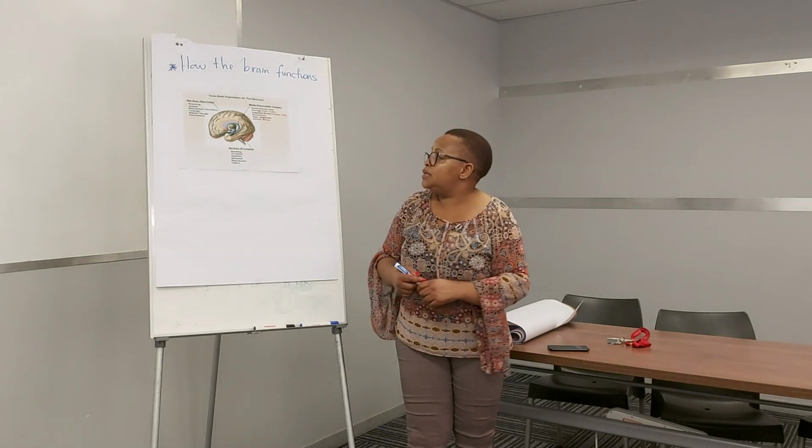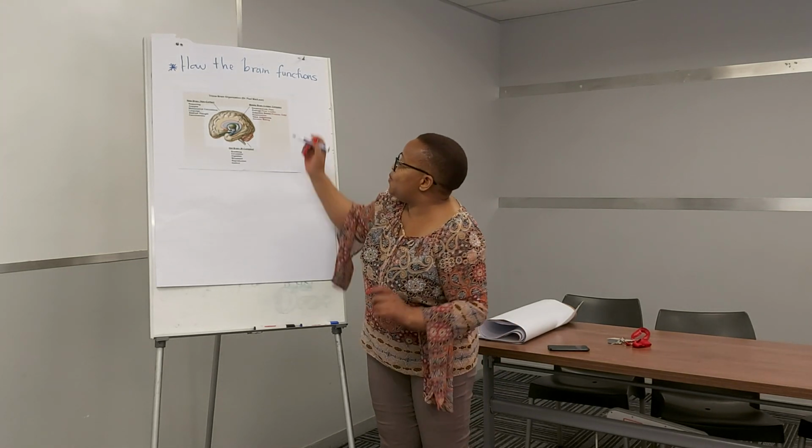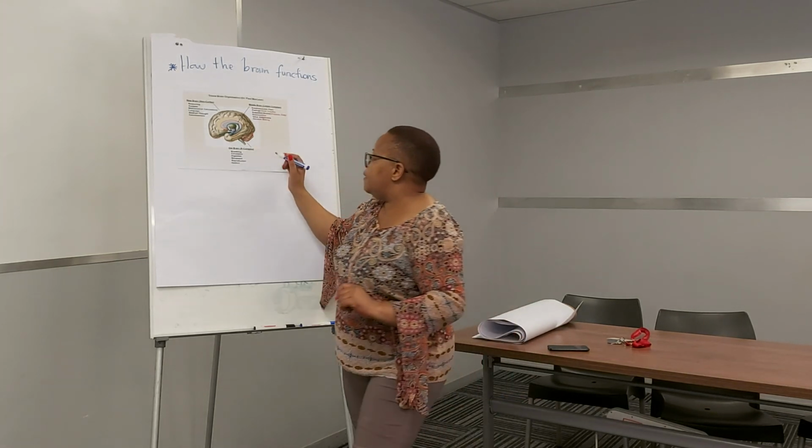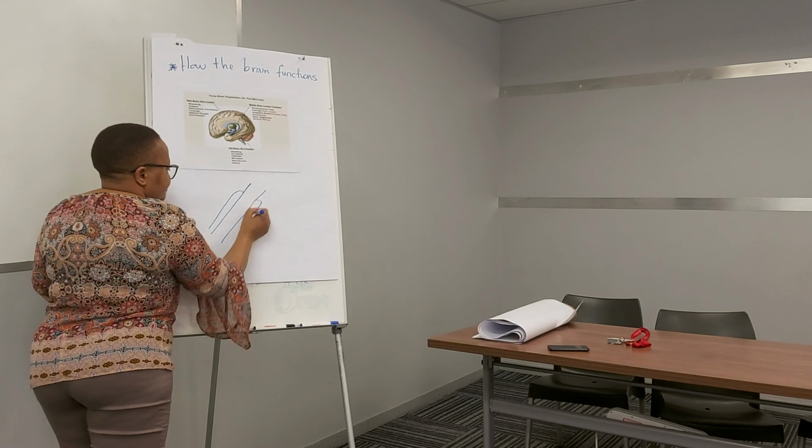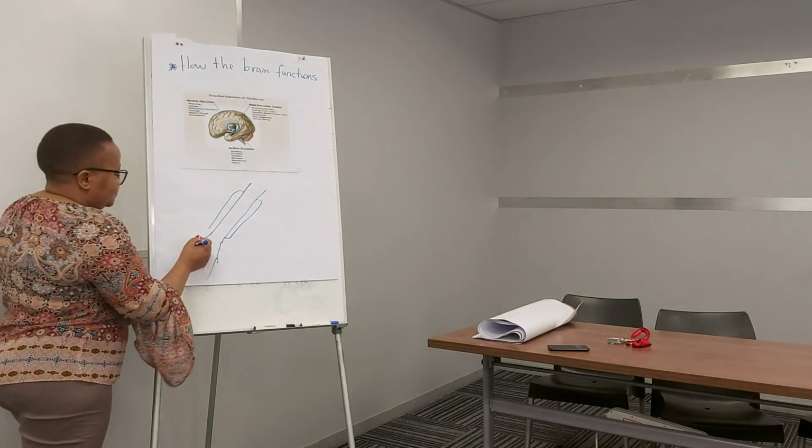So, 10 minutes. Basically, I will then explain what happens in me relative to what you guys experienced. There is what is called the neuron. So the neurons are sort of transmitters.